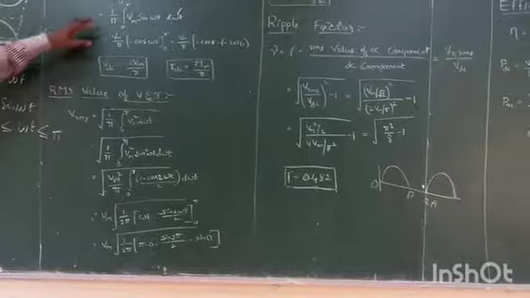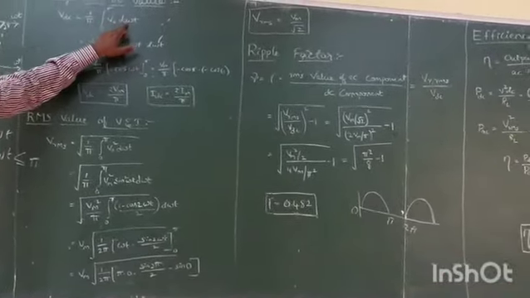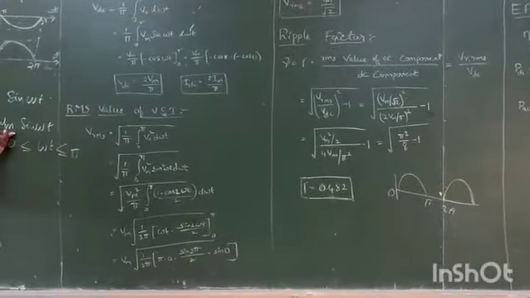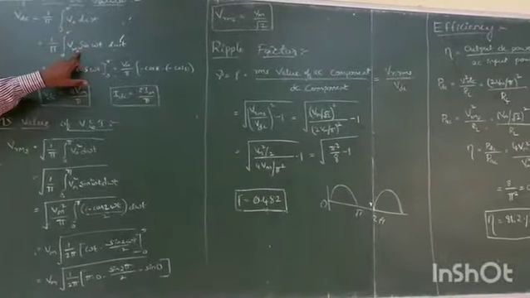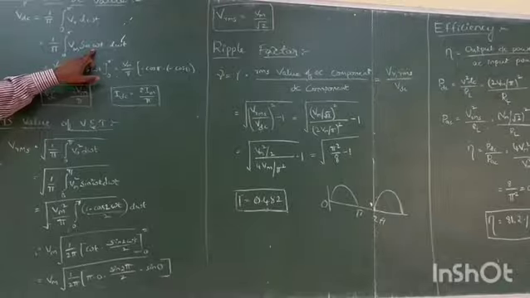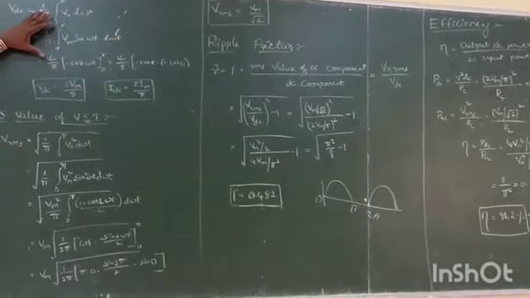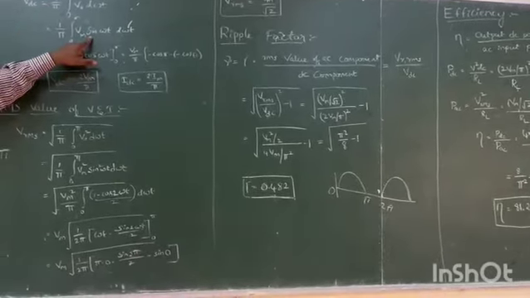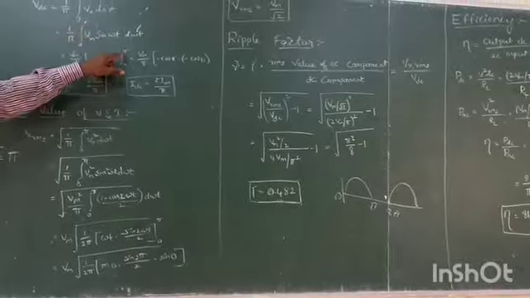So we take limits 0 to pi of V naught d omega t. This is the formula. In this formula, V naught is Vm sin omega t, so substitute Vm sin omega t d omega t. We know the integral formula: the integration of sin omega t is minus cos omega t, with intervals 0 to pi.